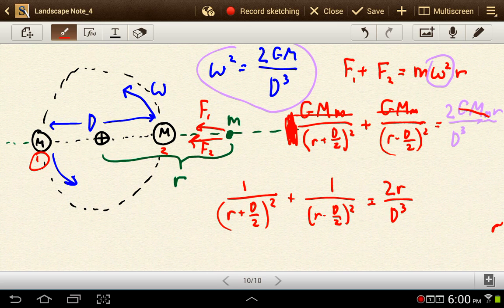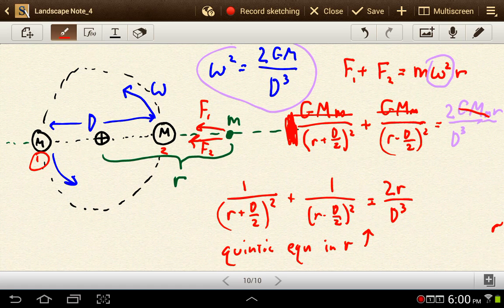Now to solve this, this is not pretty, but it's doable. It turns into what's called a quintic equation in little r, and we're trying to solve for little r.